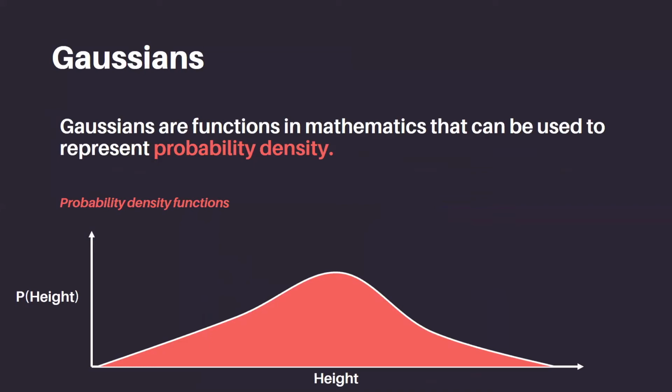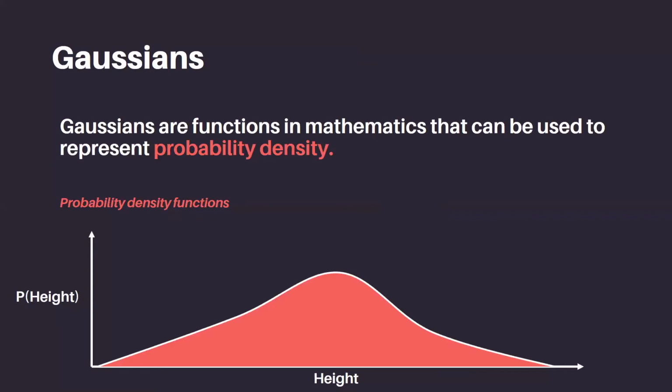Now, to understand what that means, you have to understand what probability density means. A probability density function essentially tells you the probability of something happening given an event. So let's take the example of height. Let's pretend this is the probability density function of height around the world.